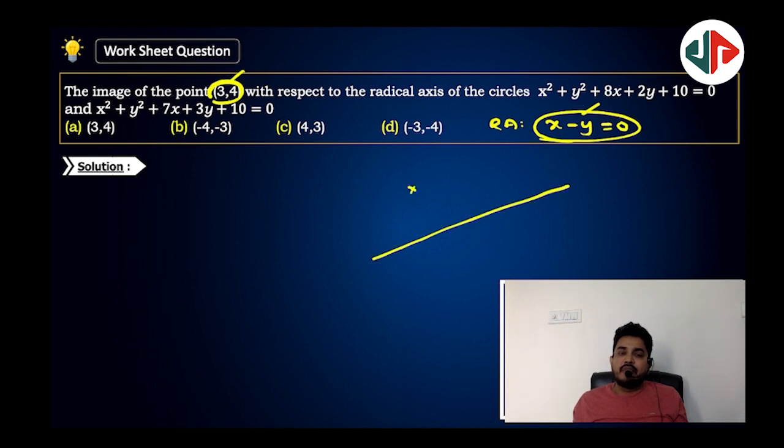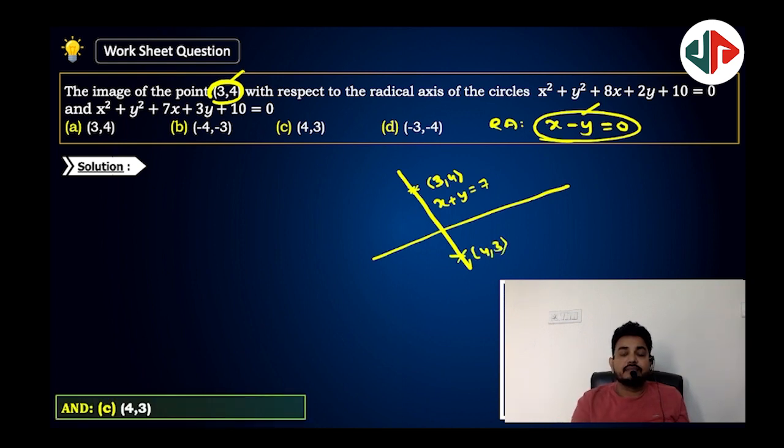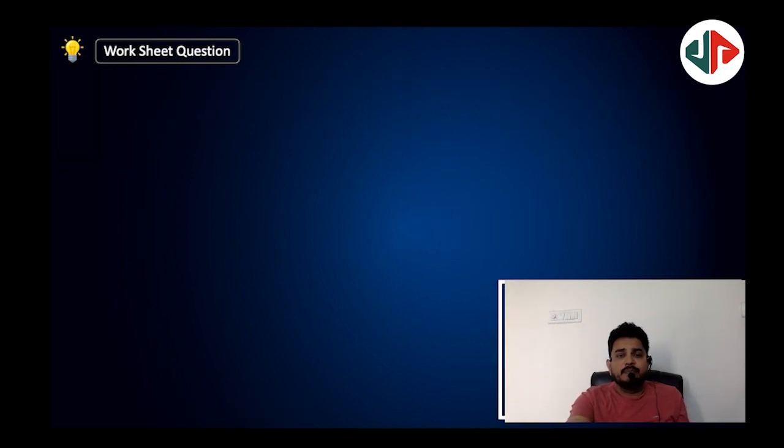Here (3, 4) is there. So this value will be x plus y is equal to 7. So this point is (3, 4). Its image will be (4, 3). Answer. Okay. You can go with the image formula also, there is no problem.